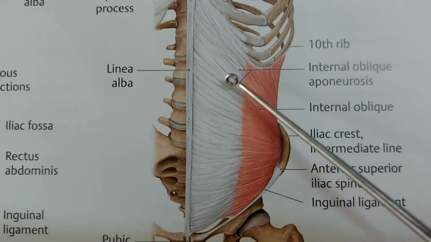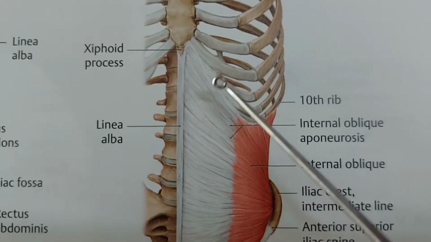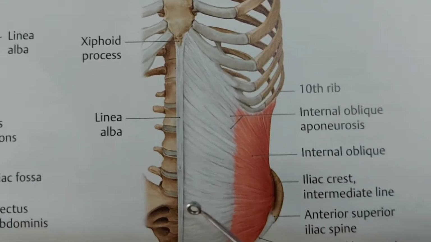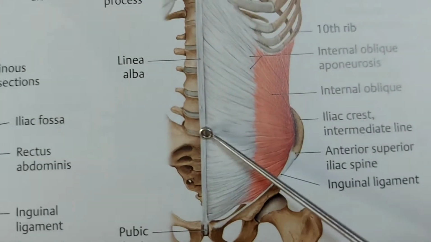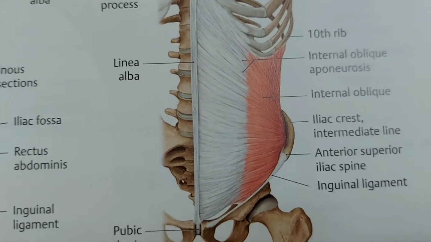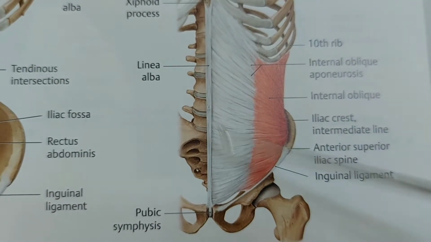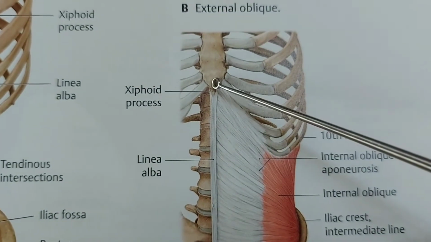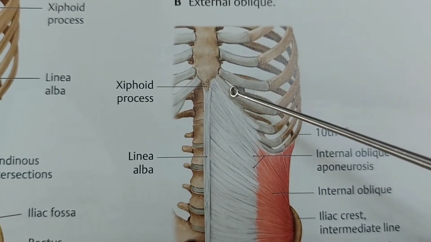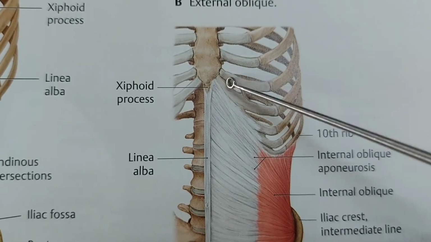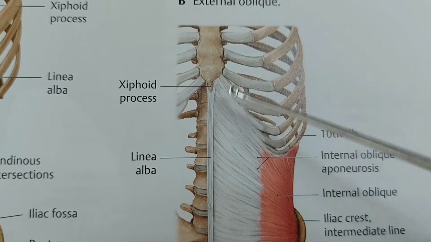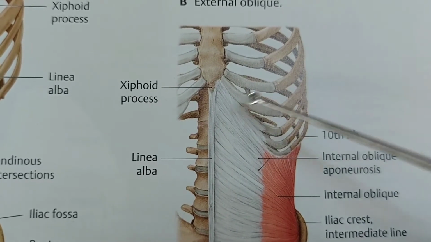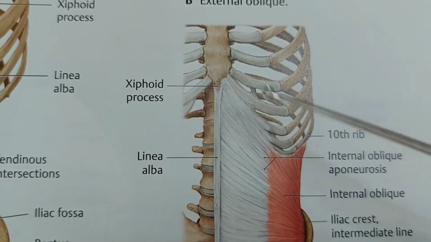Finally, it passes upward, medially and forward, and inserts in the linea alba, pubic crest, xiphoid process, and the costal cartilage. Here we see this is the sixth costal cartilage. This is the seventh, eighth, ninth, 10th.